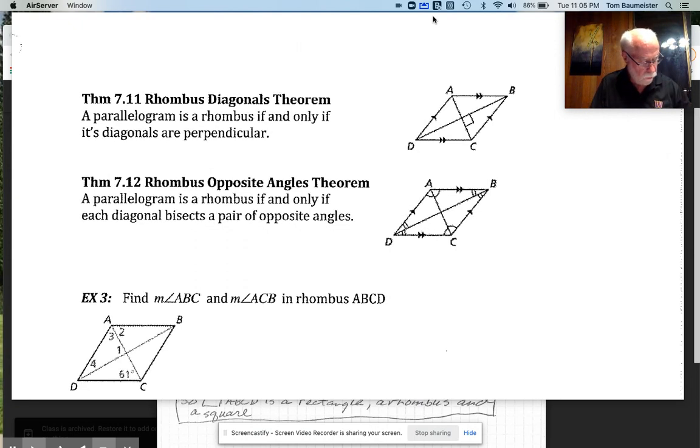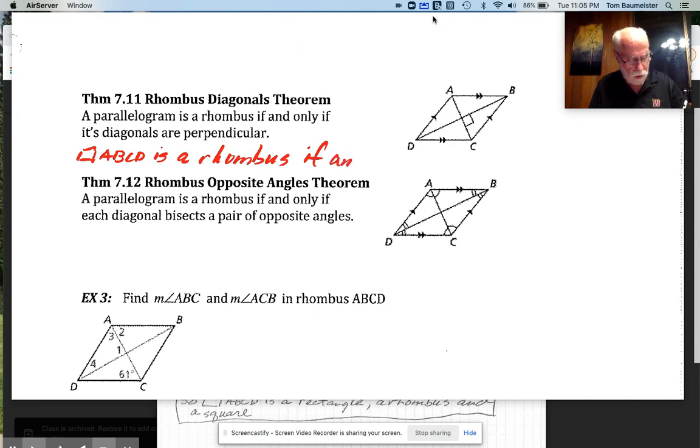So on this one here, it would be saying quadrilateral ABCD is a rhombus if and only if line segment AC is perpendicular to line segment BD.